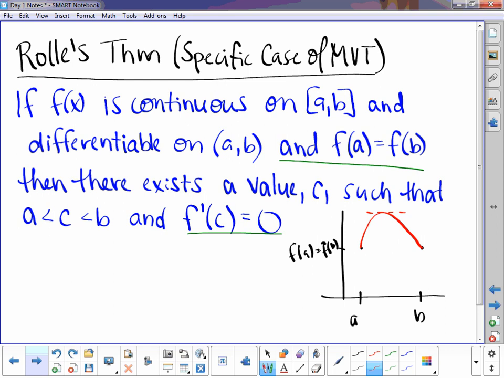My derivative at this point is 0. Even if I change it up and went a different direction. Say I went below first. I still have to come back up to that height at some point in time. So again, at some point in between there, I have to have a slope of 0.